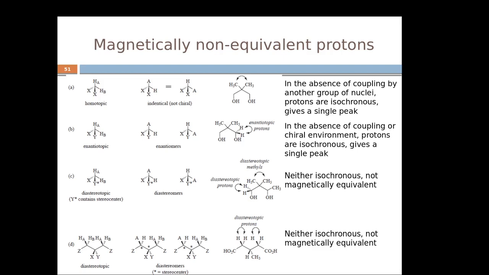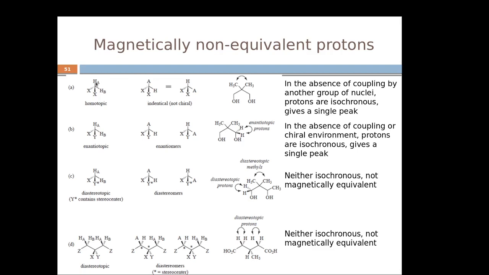This magnetic equivalence or non-equivalence can be due to the specific stereochemistry of the molecule as well. The first case, case A, shows a homotopic molecular system where you have two protons, A proton and B proton. If you replace any one of the protons with another atom, for example atom A, then you get another configuration.